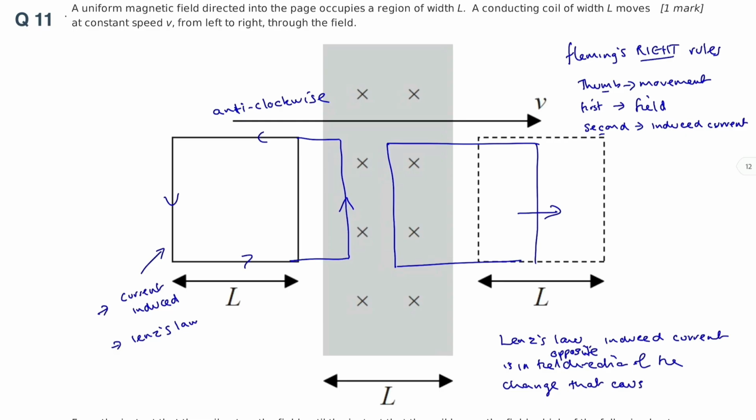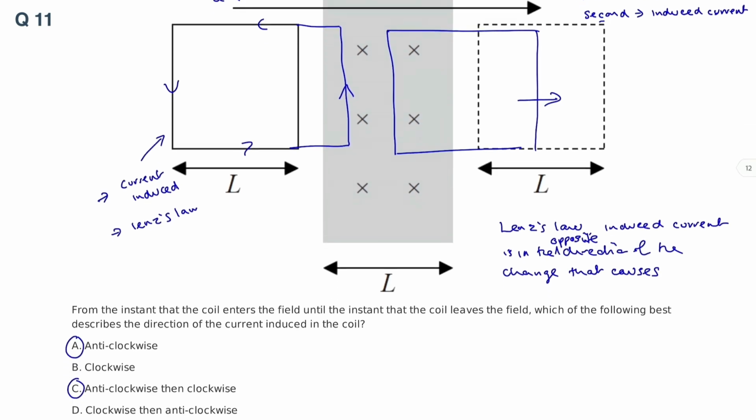So what that means is there's going to be an induced current by going through that field that opposes the current that goes in there. So as it goes through the magnetic field, it's going to change direction to be clockwise. So our answer is C.